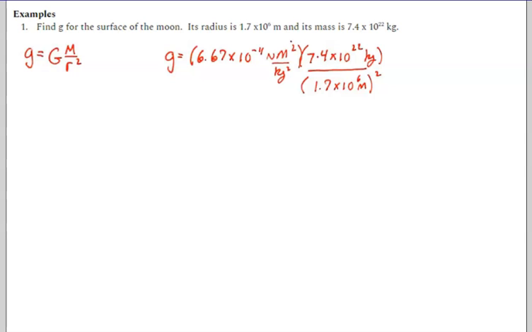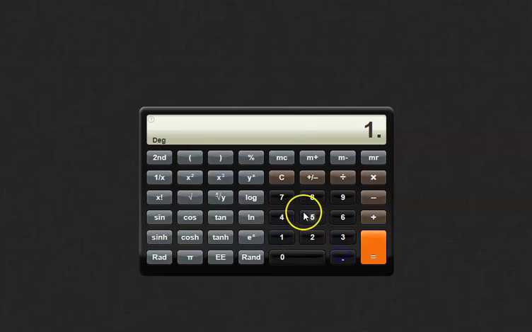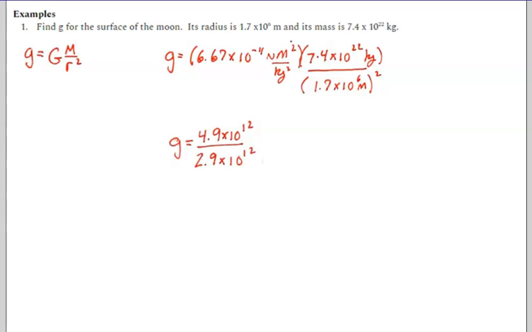So at the top of the fraction, we've got 4.9 times 10 to the 12th. On the bottom, we have 1.7 times 10 to the 6th, and we're going to square that, which gives us 2.9 times 10 to the 12th. So we have 4.9 times 10 to the 12th divided by 2.9 times 10 to the 12th. Our 10 to the 12s cancel out, so we're left with 4.9 divided by 2.9, which is 1.7 newtons per kilogram.